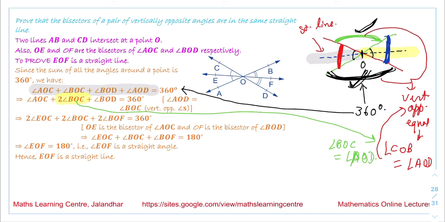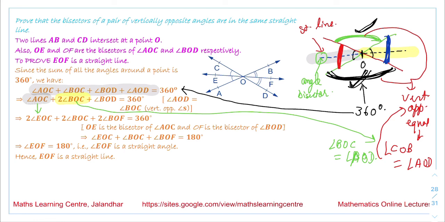Now, when we are considering angle AOC, it is 2 times angle EOC, because this line is the angle bisector.